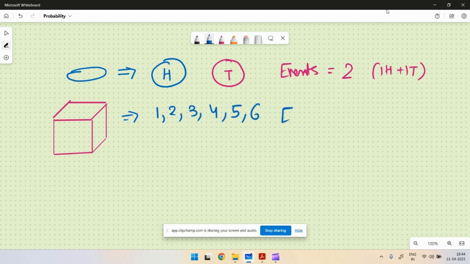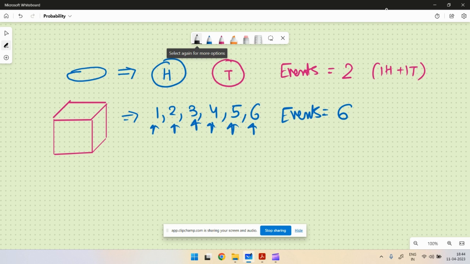So the total events or outcomes are 6. If you add all these, it is 6. So total events here are 6.